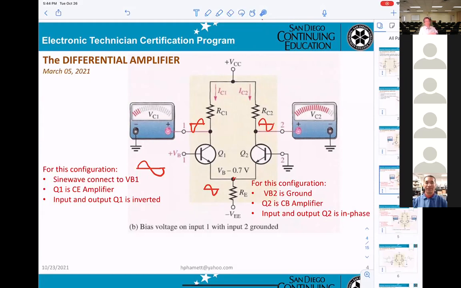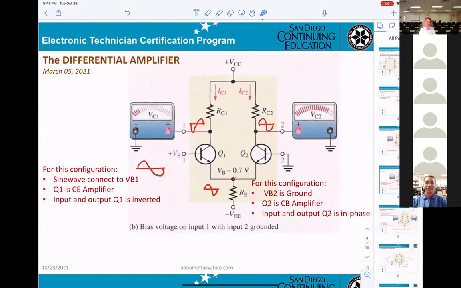But I got a question, teacher. Yeah, go ahead. The function of this transistor is going to change depending on the configuration of the connection that you are going to do in Q1 and Q2, right? Yes. Not all the time is it going to work like a CE amplifier with this connection. It depends on the input applied.